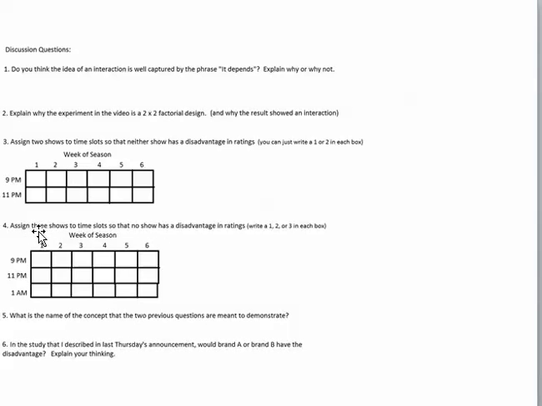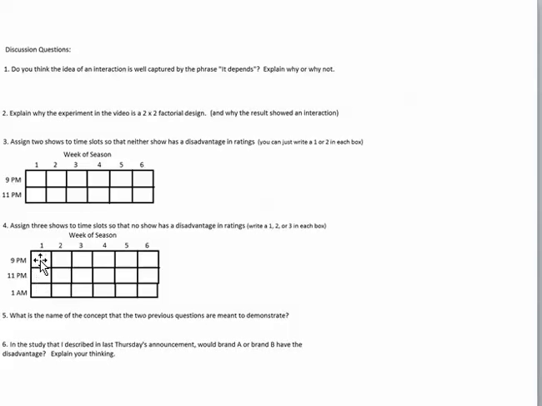This next question says to take 3 shows, show 1, show 2, and show 3, and assign them to time slots so that neither show has a disadvantage in ratings. So in each of these columns, one box needs to say 1, one box needs to say 2, and one box needs to say 3.